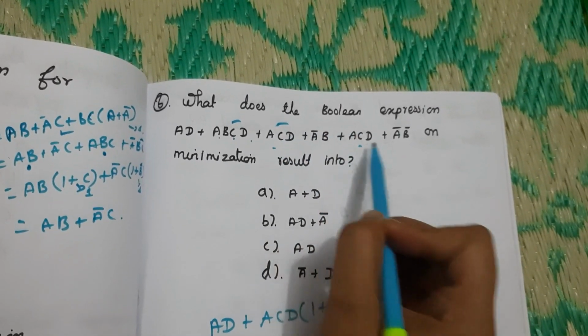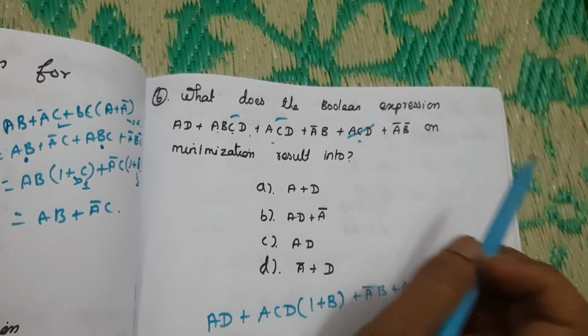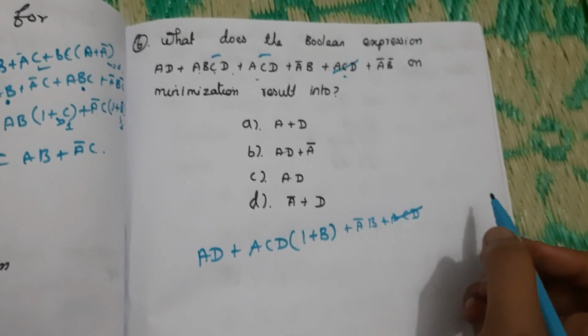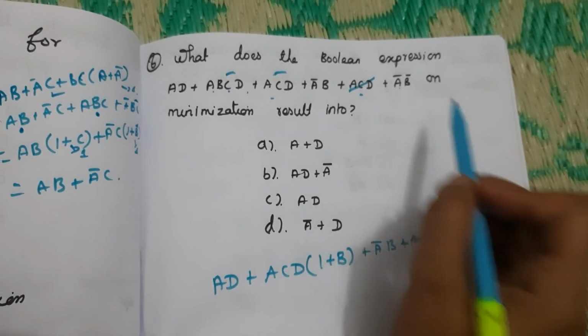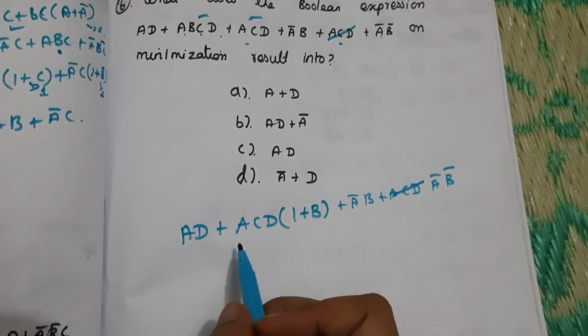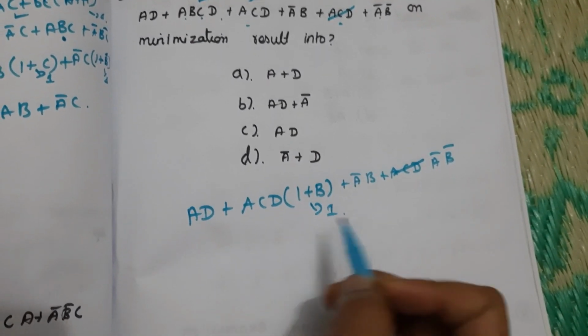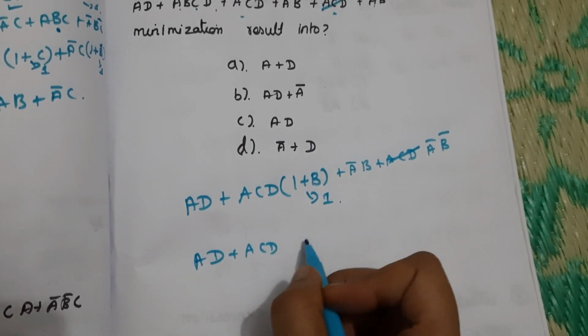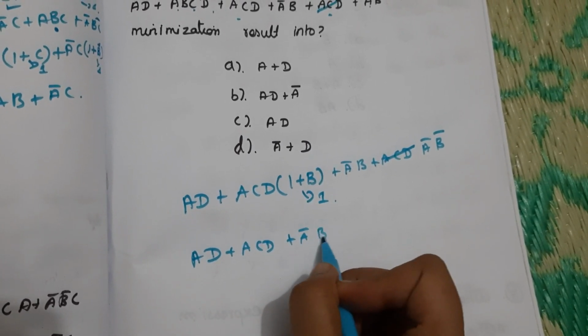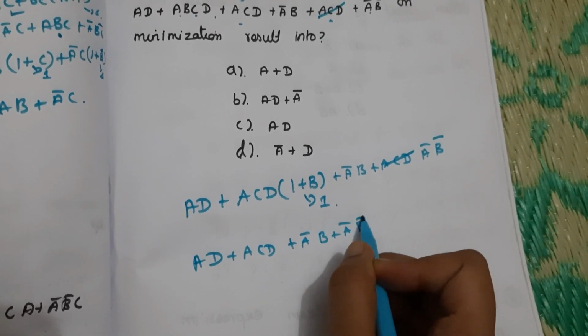So 2 ACDs we have, so we can eliminate one term, no need to write again, plus a'b', this term a'b'. So now this becomes 1. So we will get AD + ACD + A'B + A'B'.